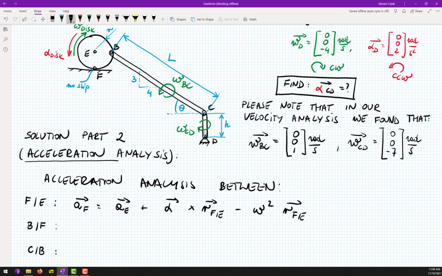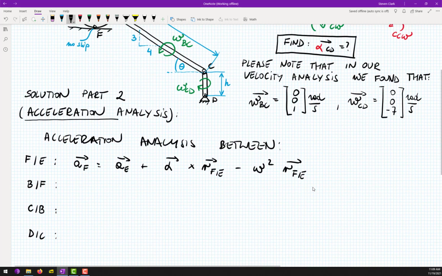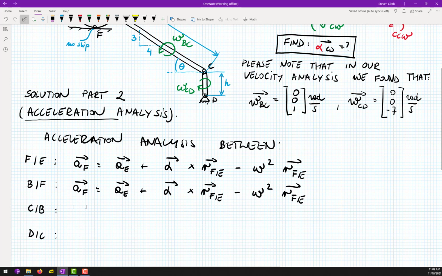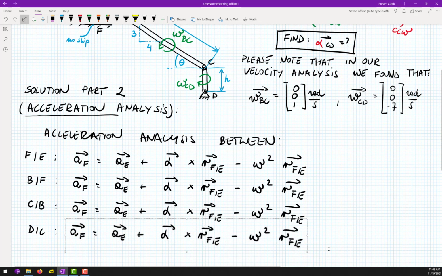I'm just going to copy paste this expression 3 times and change the subscripts here, here, and here.